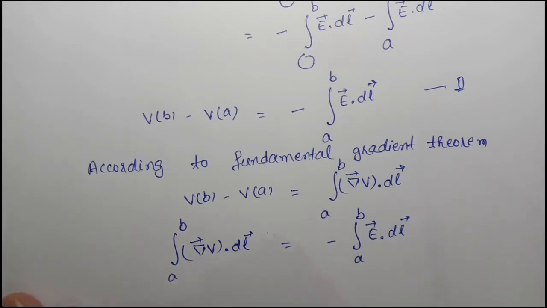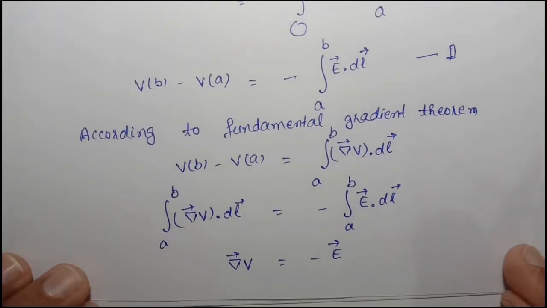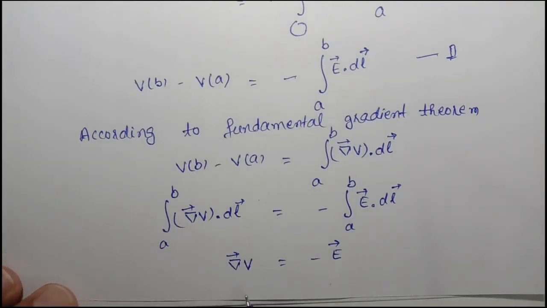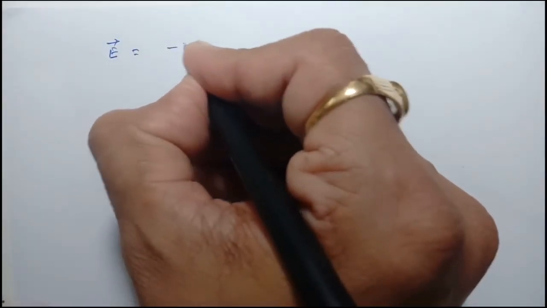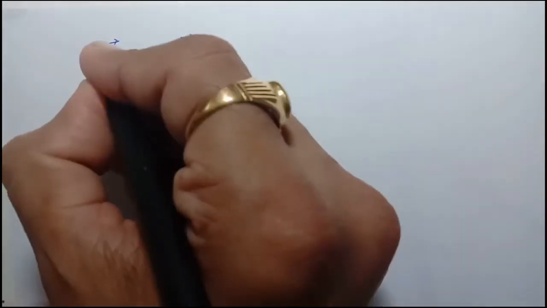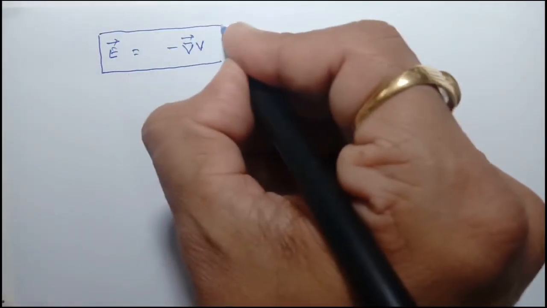When we eliminate the line integral, we can write del V is equal to minus E, that is, the gradient of potential is equal to minus E, or we can write E equals minus del V. So this is the differential form of the potential.